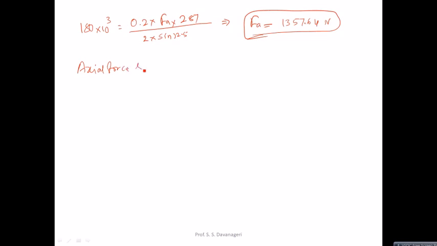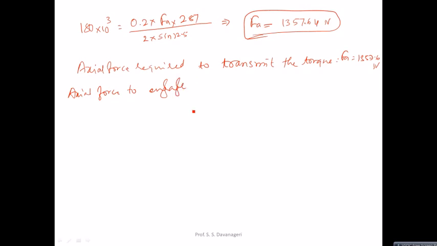Now Fa is 1357.64 Newton. So this is the first part of the work, the axial force required to transmit the torque. Fa equal to 1357.6 Newton.